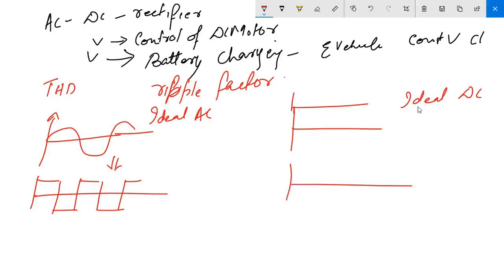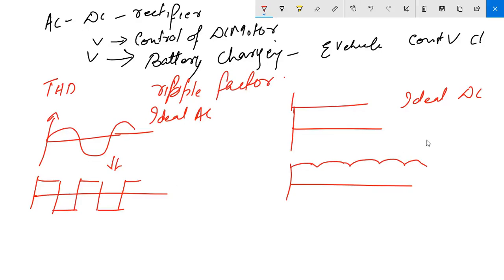Similarly, when it comes to a DC part, this is the DC which you are actually getting from your converter. So this is the natural, not the ideal DC.